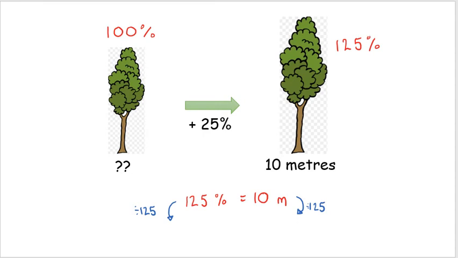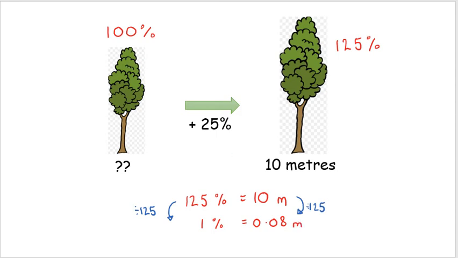So when I divide 125 by 125, that gets me down to the 1% that I'm looking for. And then I need to do 10 divided by 125, which gives me 0.08. So I know 1% represents 0.08 metres.